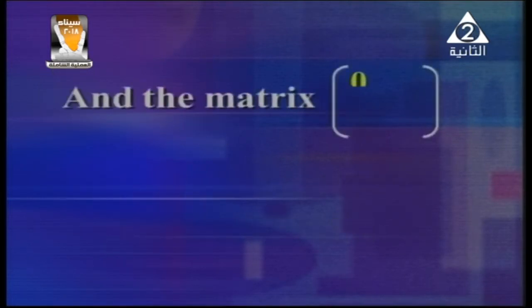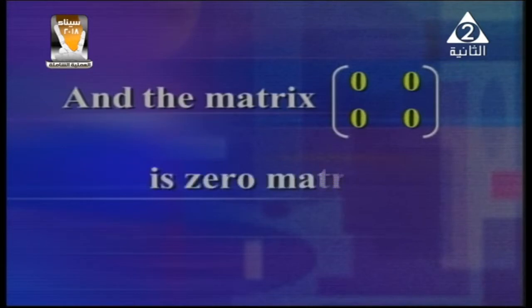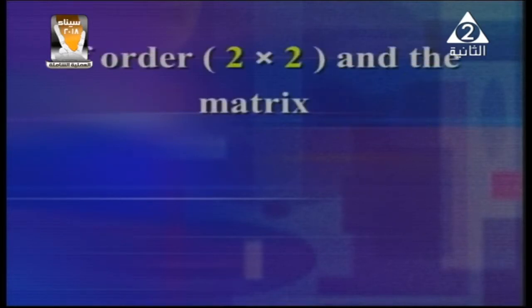The square matrix 0, 0, 0, 0, where all elements are 0, is called the zero matrix, the identity element in addition. Its order is 2 times 2.